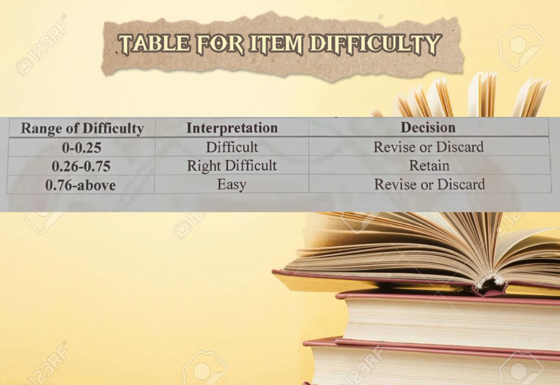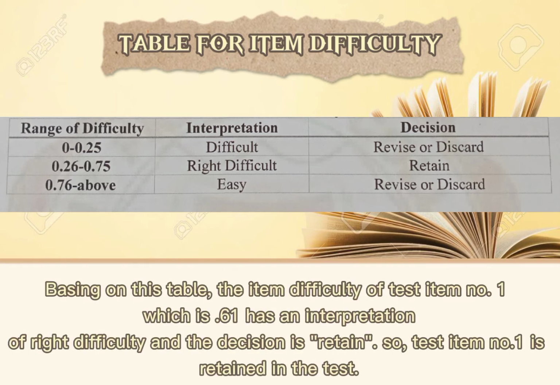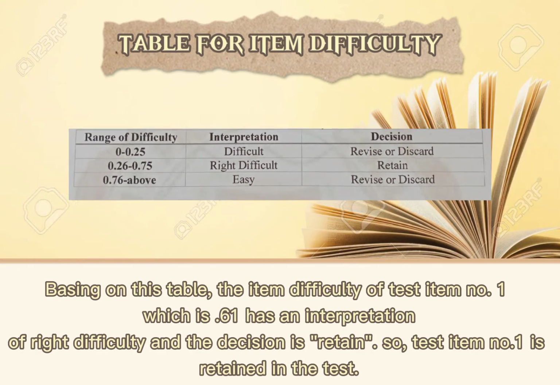From 0.76 and above, the interpretation is easy, and the decision is to revise or discard. Based on this table, the item difficulty of test item number 1, which is 0.61, has an interpretation of right difficulty, and the decision is retain. So test item number 1 is retained in the test.